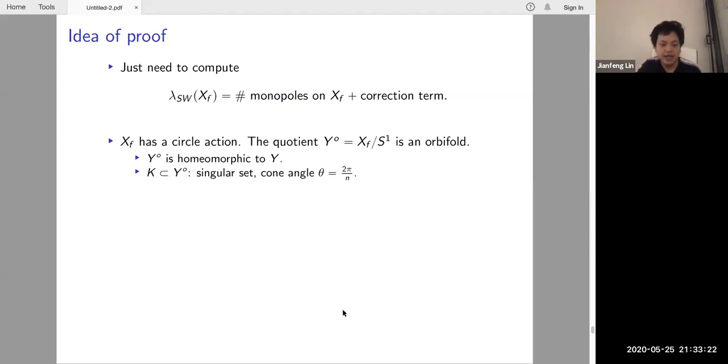And actually, in this case, the singular set is exactly the branching locus. So it's the knot K, and it's actually conical. It's actually a cone, and the cone angle is 2 pi over n.